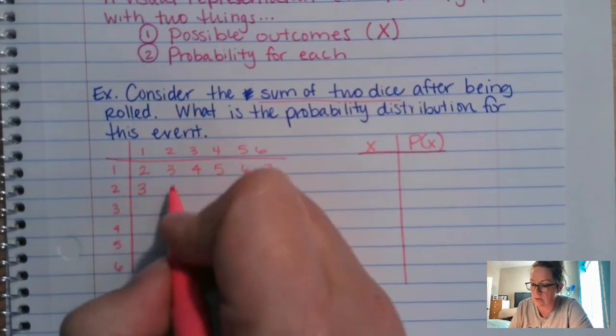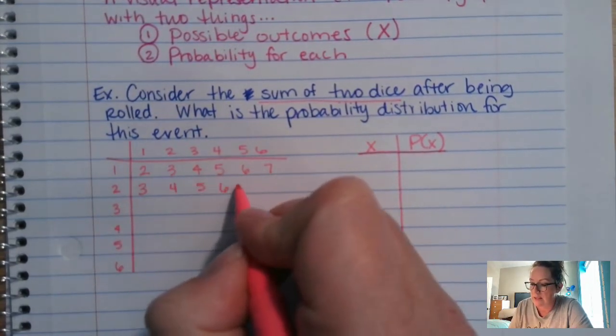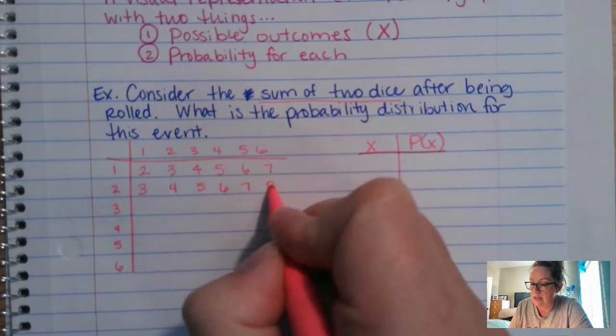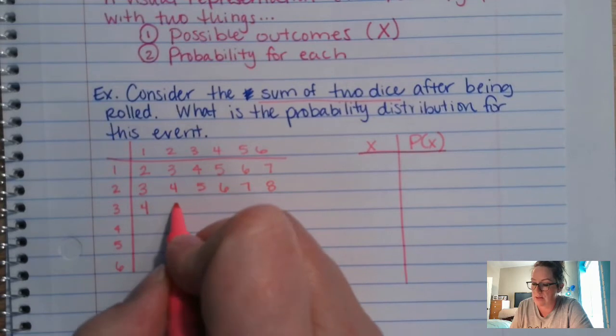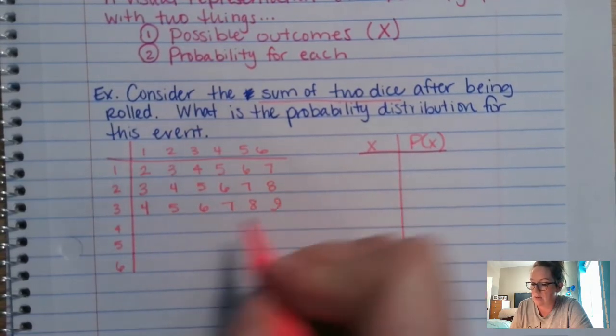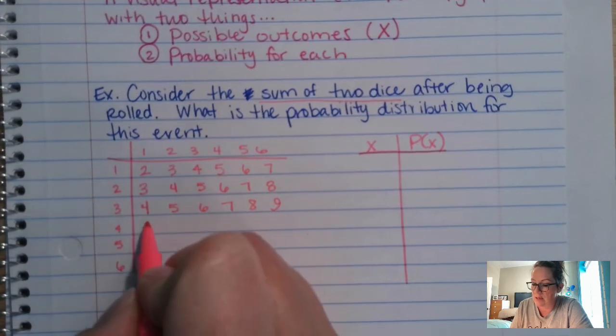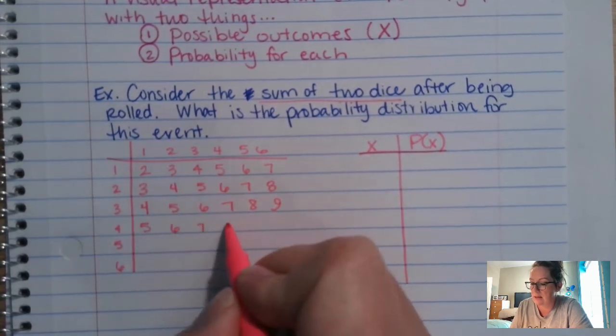So we're going to get 2 and 2 is 4, 2 and 3 is 5, 6, 7, 8. 3 and 1 is 4, 3 and 2 is 5. And just keep filling that out. 4 and 1 is 5, 4 and 2 is 6.